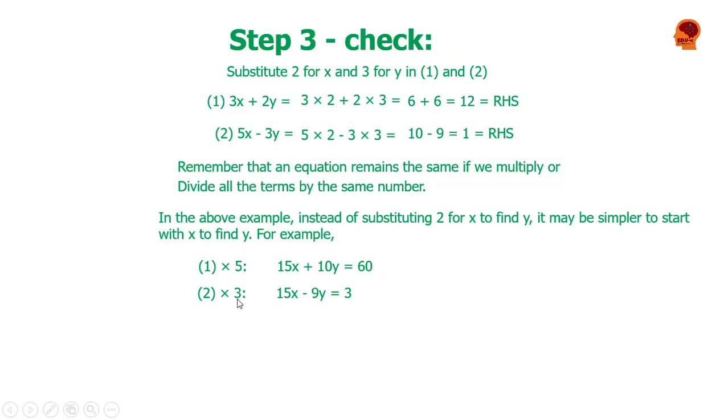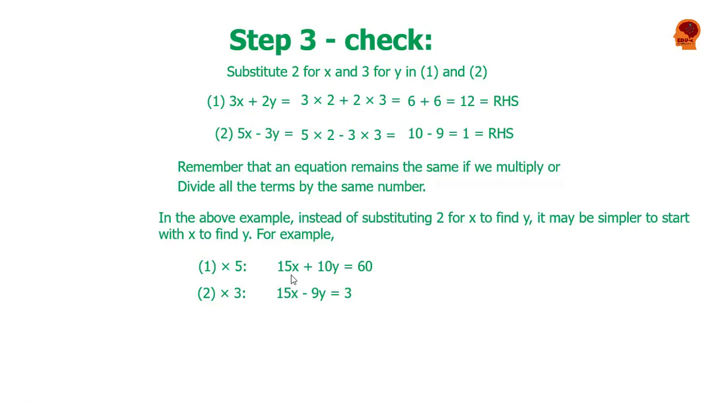The same thing in equation 2: 3 times 5x gives me 15x, 3 times minus 3y gives me minus 9y, and 1 times 3 gives me what? 3. So all I'm doing here is making the coefficient of x the same, to get rid of x.